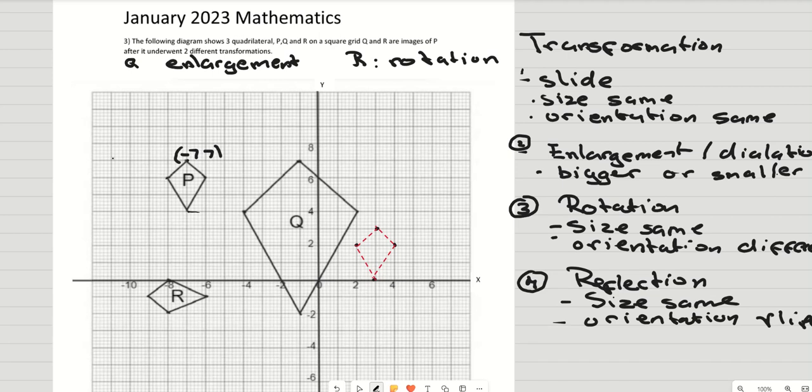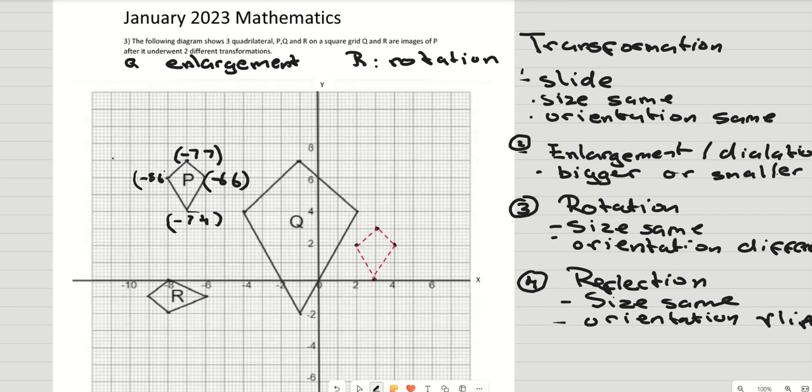Right? This one here, X is minus 6, Y is 6. This one here, X is minus 7, Y is 4. And this one here, X is minus 8 and Y is 6.